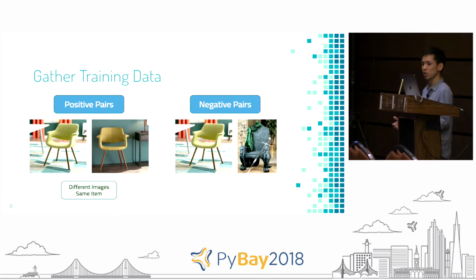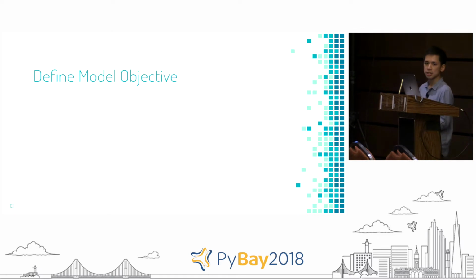And then we have something we call negative pairs. These are two images that we want the model to embed far apart. And we just used two images of two different items, and we randomly sampled those. So we also need to define what our model wants to do with this training data.